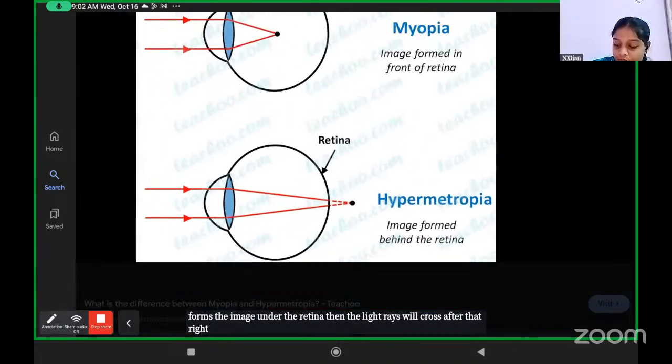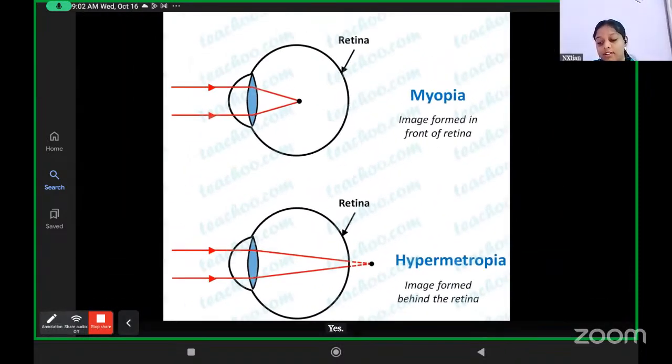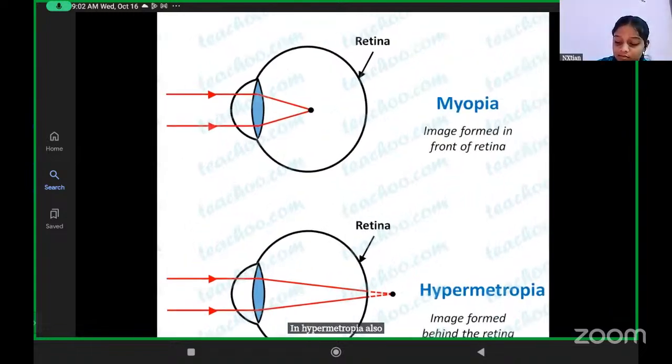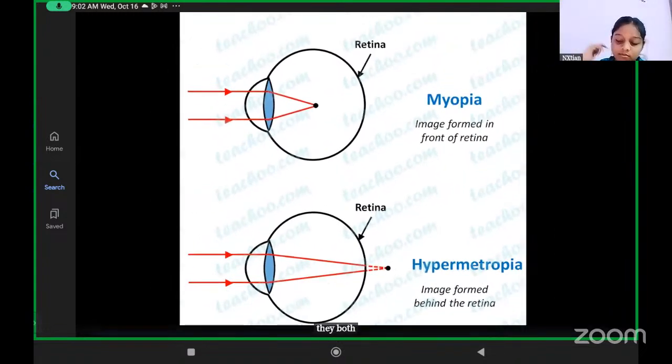Yes, light rays will cross after that. Image formation will be behind the retina. So in both cases, in myopia and in hypermetropia, they are not meeting on the retina.